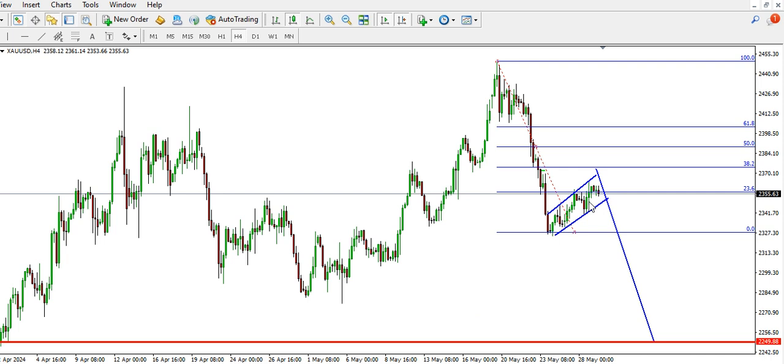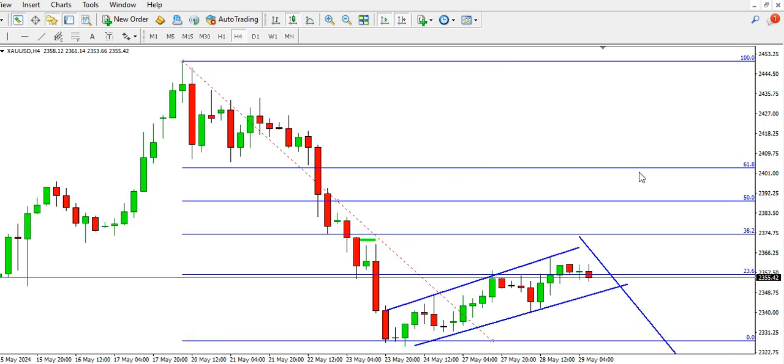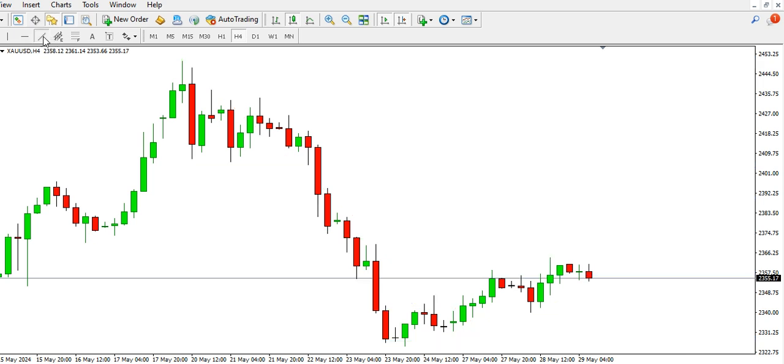But the way the price of gold moves, it might not turn out to be a bearish flag. We might see price drop, we are still on the 4-hour time frame, and drop to find support at this particular order block.